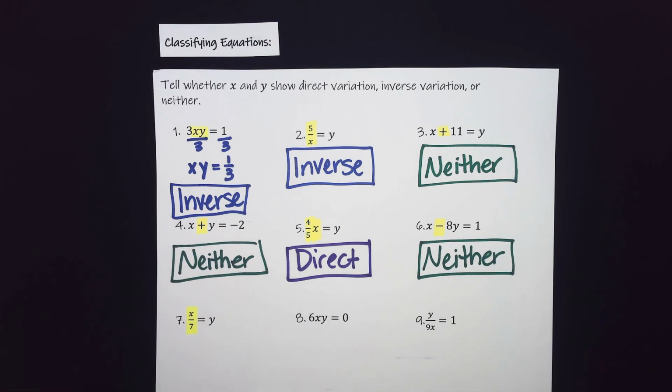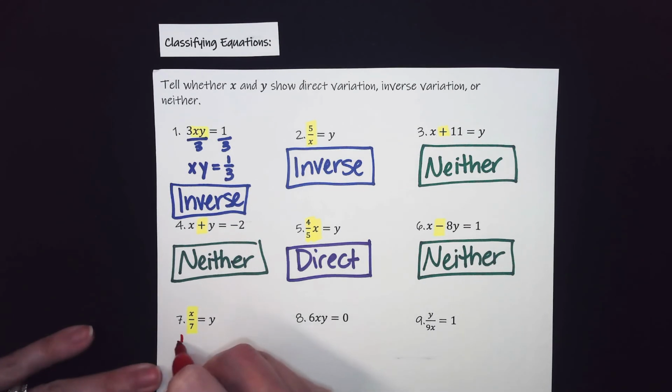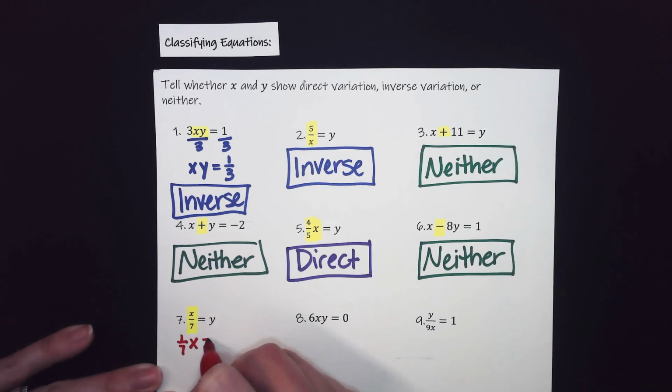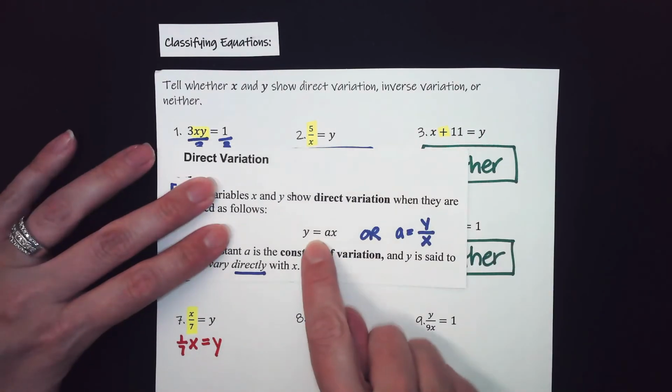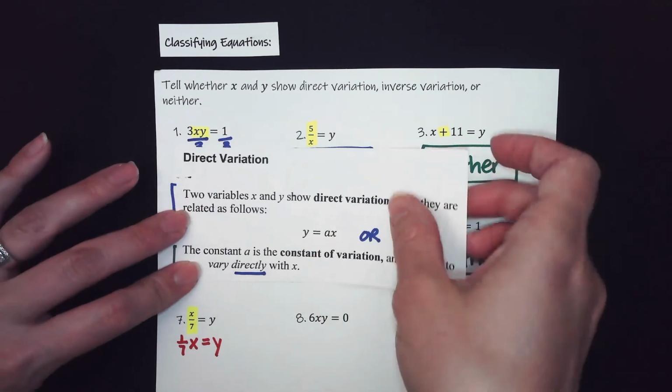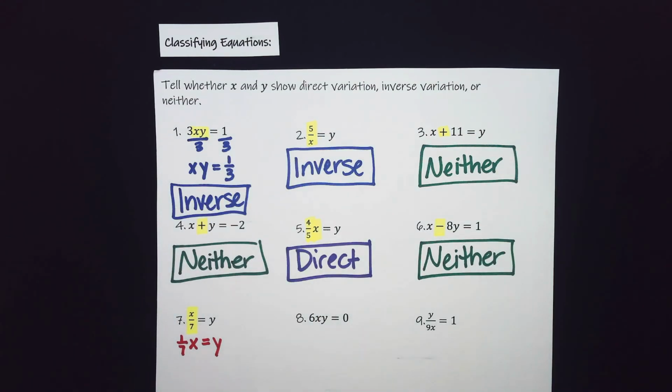Well, we can rewrite this and think of that over 7 as being the same thing as saying 1/7 times x equals y. So it is a constant times x, and our direct variation says y equals a constant times x, so I know this one is direct.